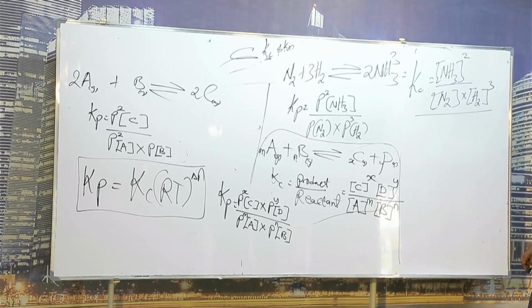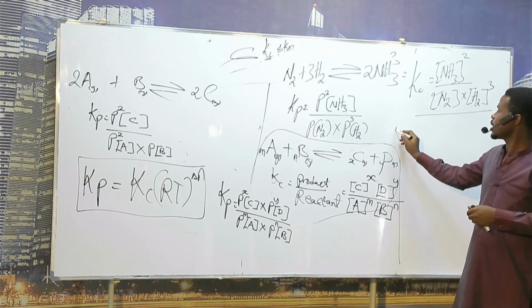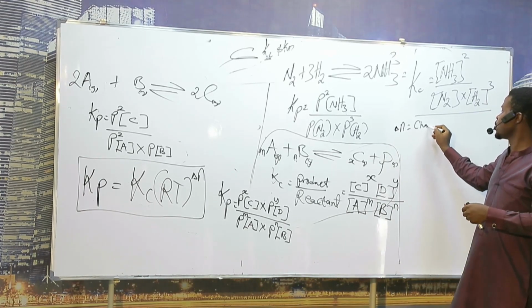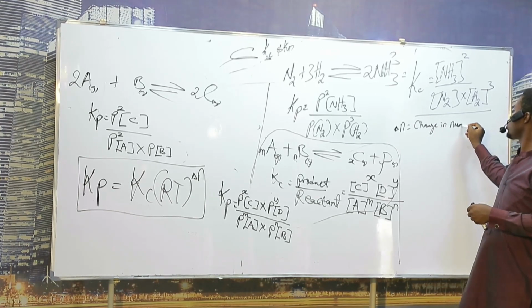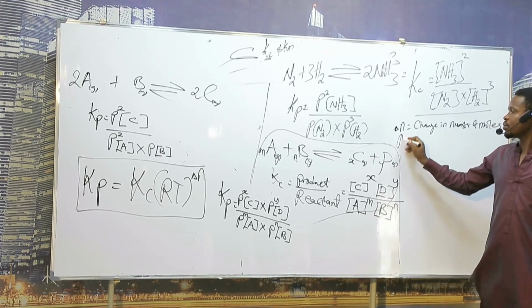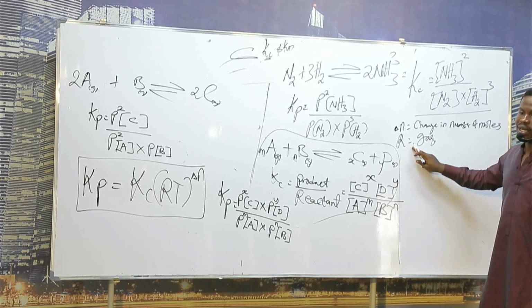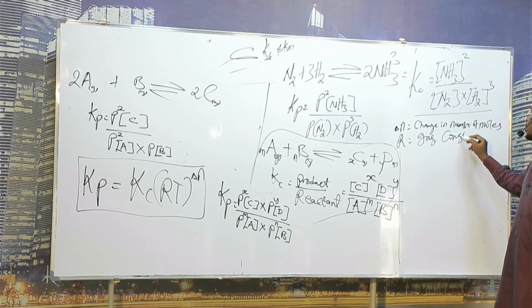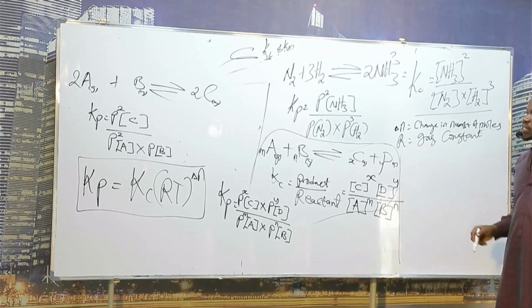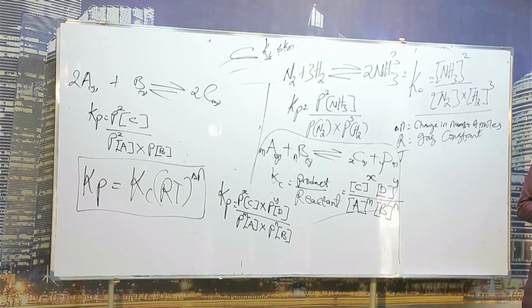Where change in n is the change in number of moles, R is the gas constant, and T is the absolute temperature.